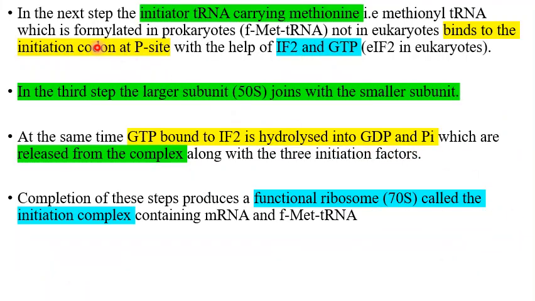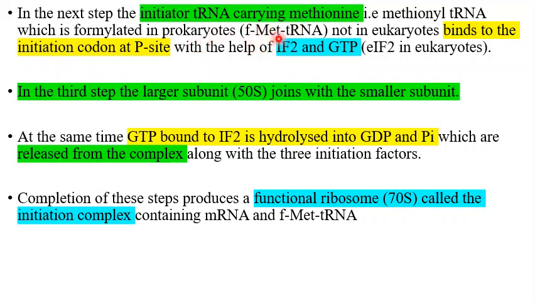Now, in the next step, as I said, binding of the initiator tRNA at the P site. The initiator tRNA carries the amino acid methionine, the methionyl tRNA. And this initiator tRNA in prokaryotes will be formylated. That means there will be a formyl group attached to the NH2, the functional group of the amino acid methionine.